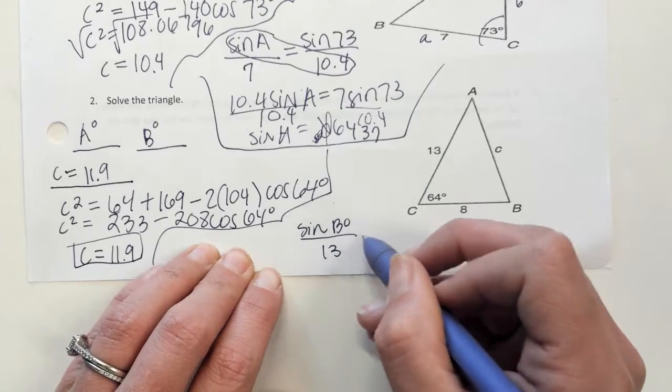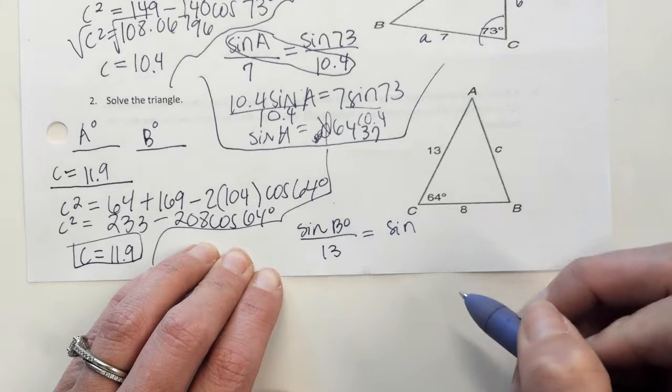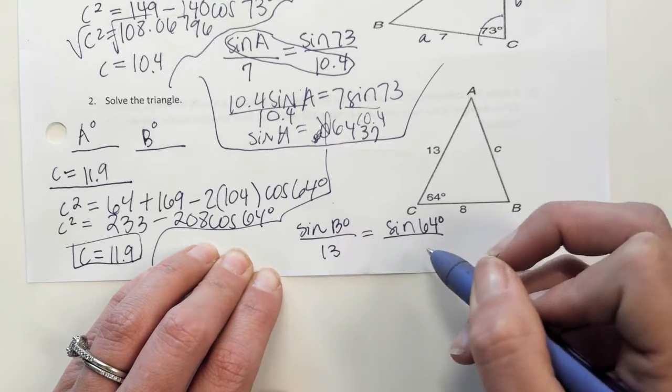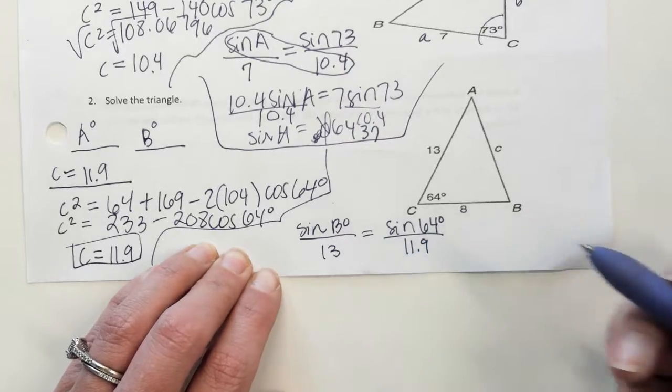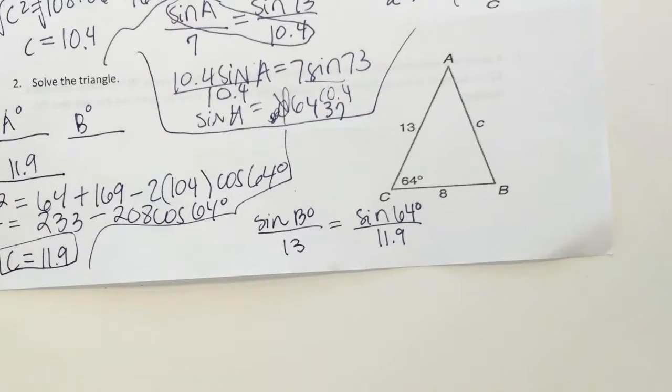Very good, 13 equals? Very good, have to use C over what? Very good. Go ahead and solve for B degrees on your own. Let me know if you need some help.